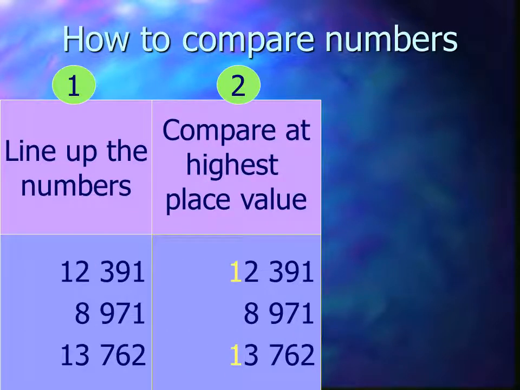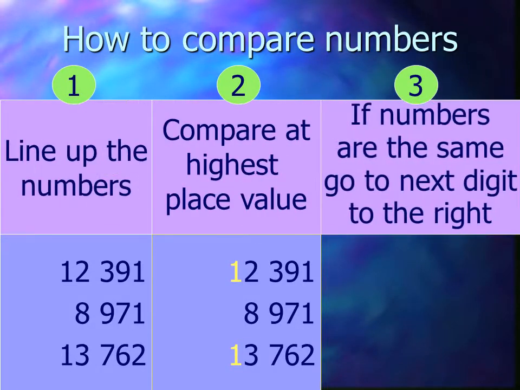Here is the example. The highlighted ones are in the 10,000 place. They are equal. We need to move to the next place value to the right in order to figure out which one is the greatest of the two numbers with the 10,000 place value.